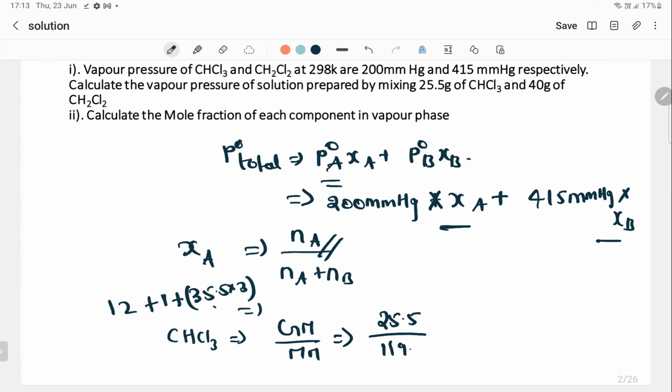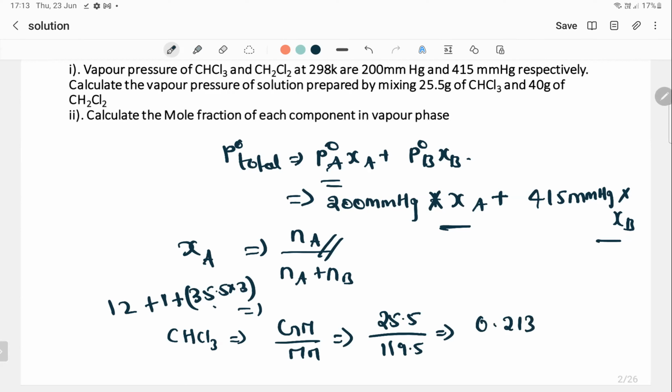So 25.5 divided by 119.5, which is 0.213.